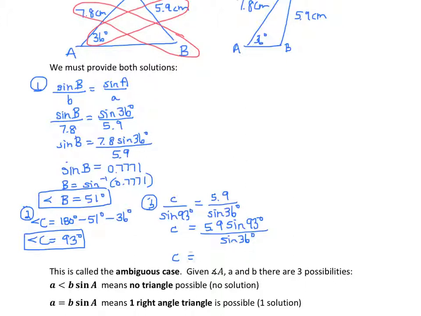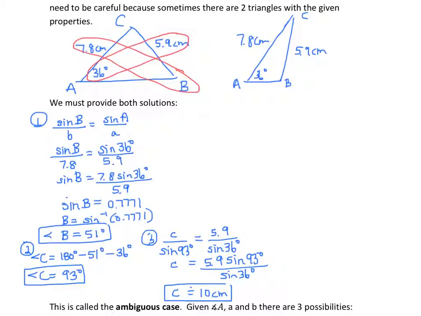Okay, and we get that C is approximately 10 centimeters. Okay, so that's one solution for this triangle, namely the first triangle we drew, right? That would be our solution to this first version of the triangle where all of the angles are acute.